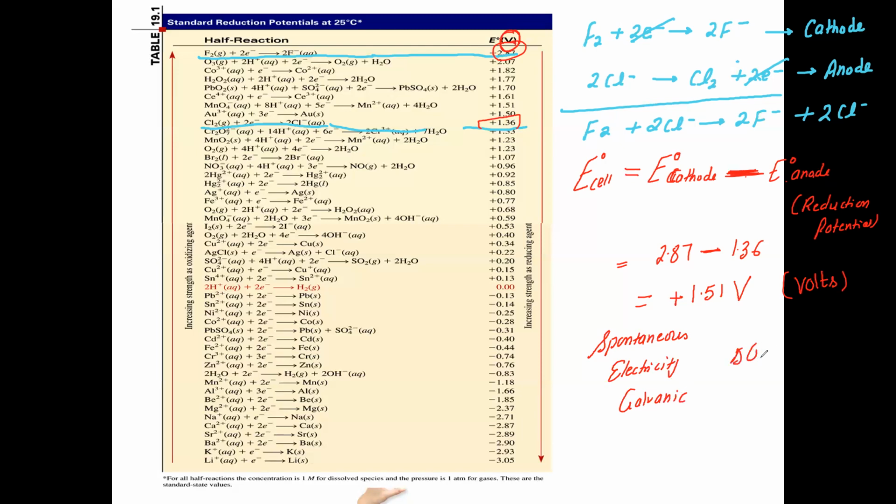Delta G is negative. K is greater than 1. Equilibrium is going to be more in this direction. Generally, all the reactions are in the form of equilibrium, but K will be greater than 1. Means fluorine can oxidize chloride.